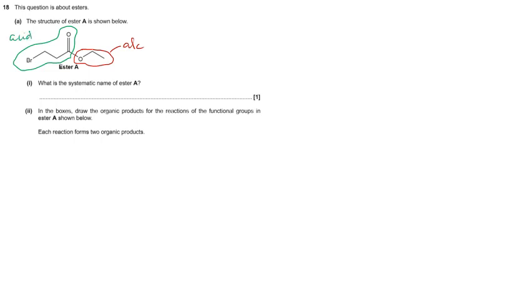Right, and in the name of an ester, the alcohol comes first, so we've got 2 carbons in our alcohol, so we're going to have ethyl. And looking therefore at the acid, we've got 3 carbons, and we've got a bromine on the 3rd carbon, so if this is carbon number 1, carbon number 2, carbon number 3, so it's going to be 3-bromo.